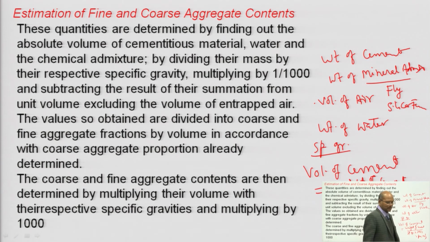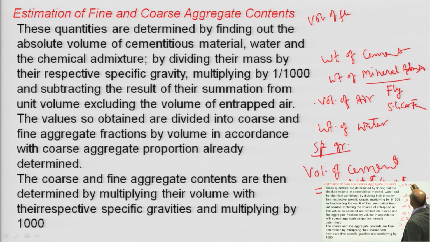Similarly, if you want the volume of fly ash, how to get it? That is the weight of fly ash divided by the specific gravity of fly ash, divided by 1000. Okay, that will give you the volume per meter cube.